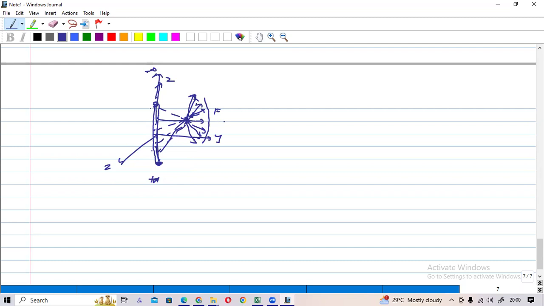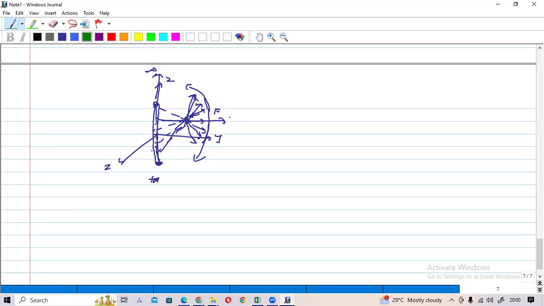This is infinity, no. All these are symmetrical, and all these forces are also symmetrical. Maybe you can understand by thinking practically, not mathematically. Practically, these are normally symmetrical because this is infinite length.